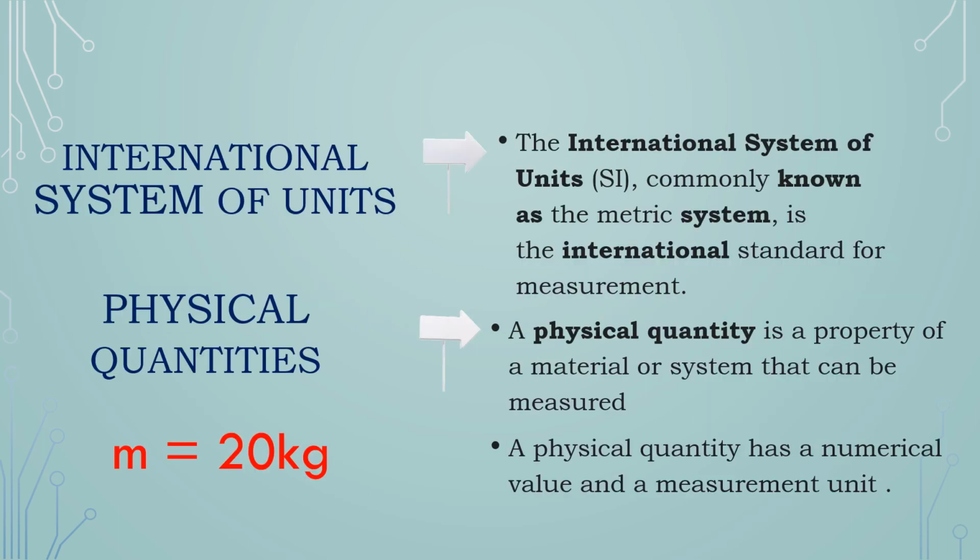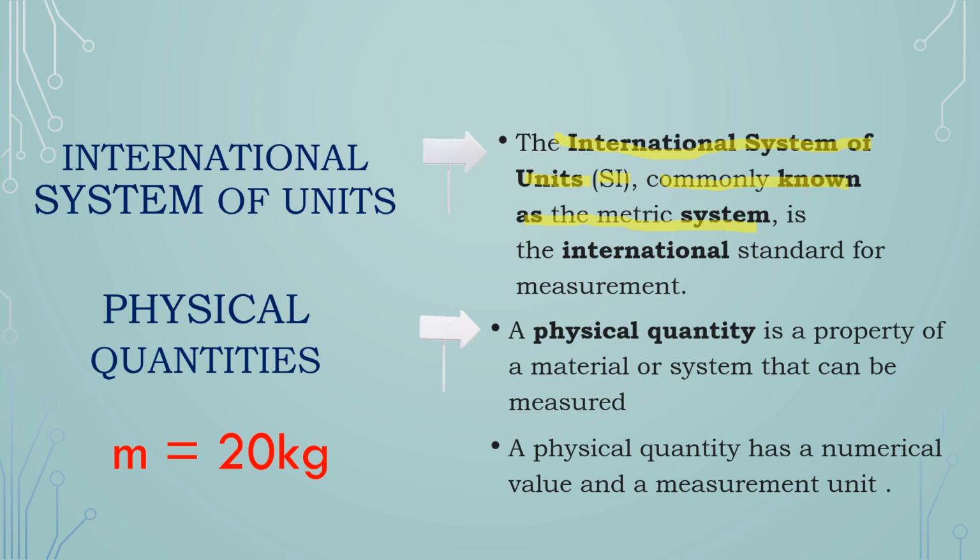There are two major systems of unit used in the world: the SI unit, or International System of Unit, commonly known as the metric system, and the other is the English unit, also known as the imperial system.